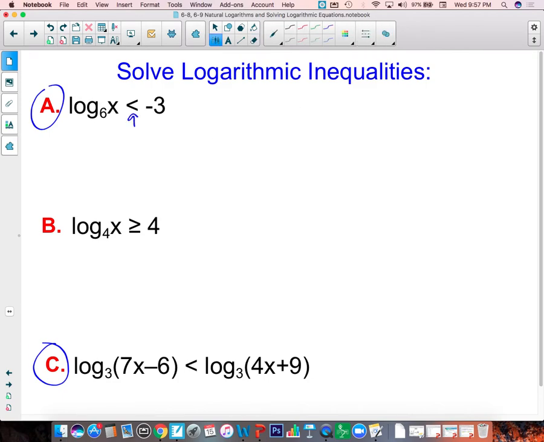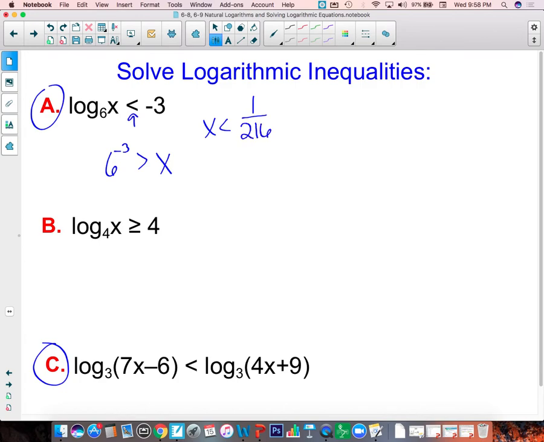I have my arrow pointing at the x. So when I change this to an exponential, I want my arrow pointing at the x. So then x is less than that.